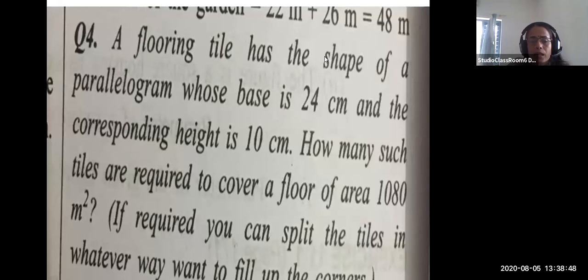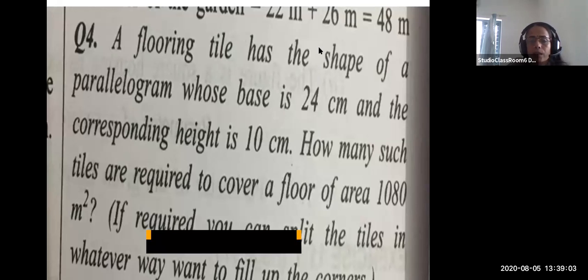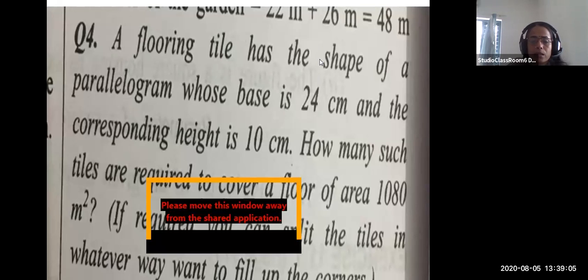How many such tiles are required to cover a floor area of 1080 meter square?